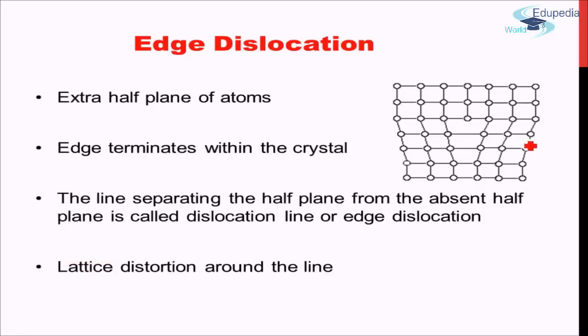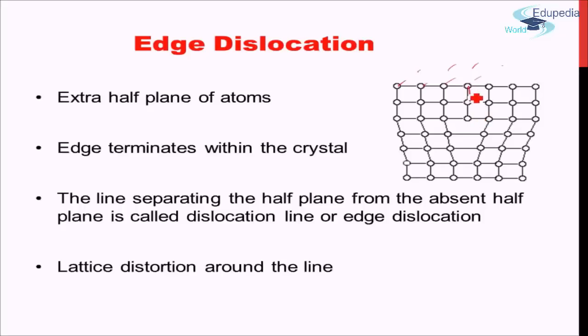As I said, for the edge dislocation to be present, there has to be an extra half plane of atoms. So basically this is 2D and continues in the third dimension, that is within the screen and outside the screen. So this arrangement of atoms will be in multiple layers within the screen and outside the screen.